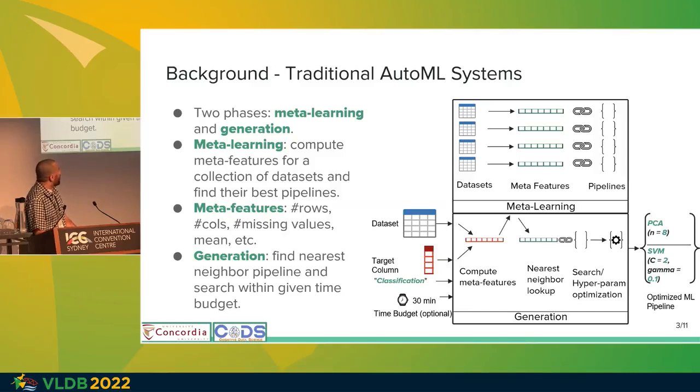So AutoML systems usually try to improve either the meta-learning component or the way they explore the search space.